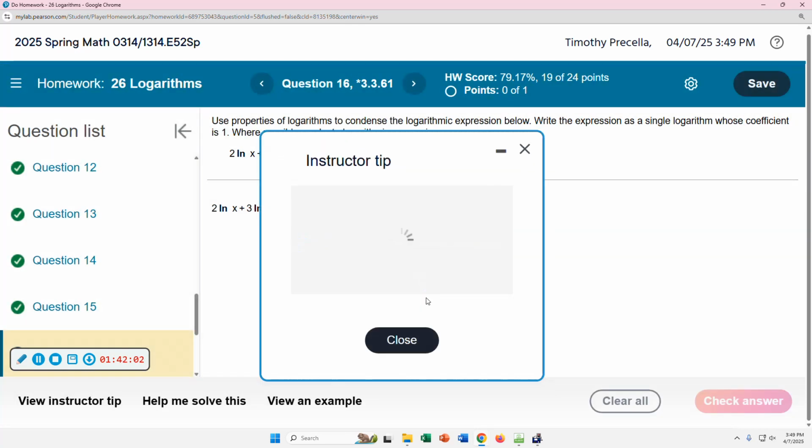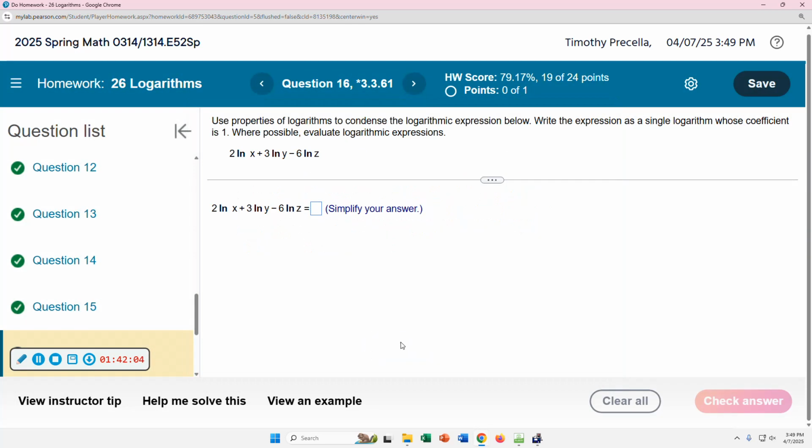Number 16. Two ln x plus 3 ln y minus 6 ln z. We're condensing the logarithms.